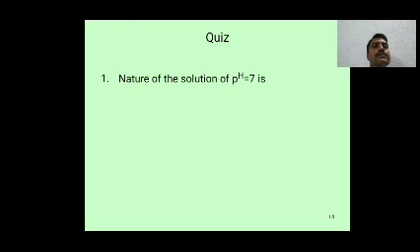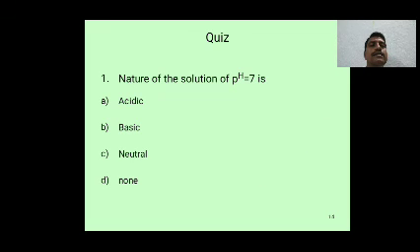Quiz. Nature of the solution if pH is 7. What is the nature of a solution with pH 7? Acidic nature, basic nature, neutral, or none of the above. pH is 7, neutral solution; less than 7 is acid, more than 7 is base. So pH 7 is a neutral solution.